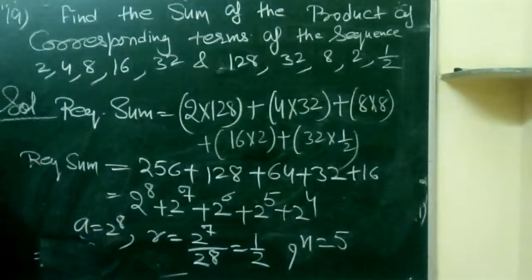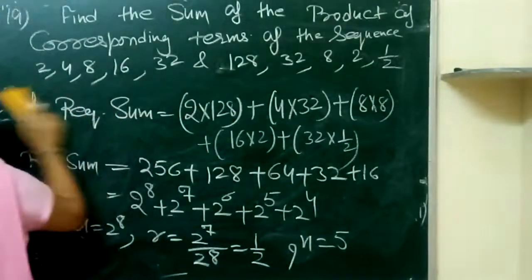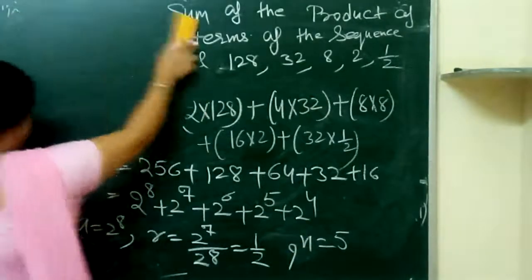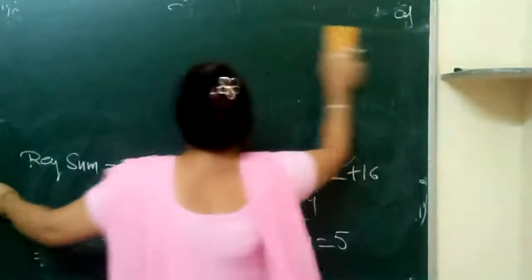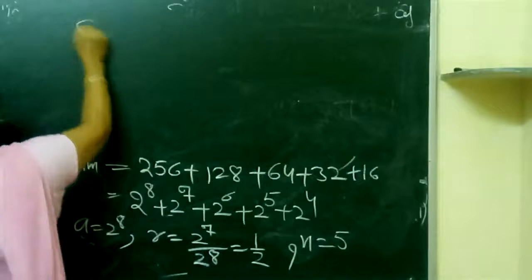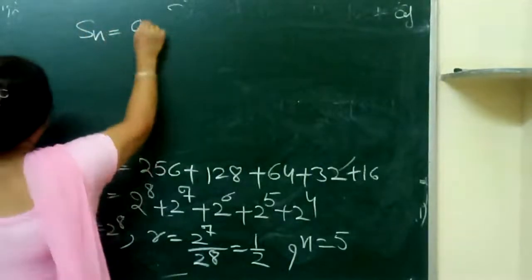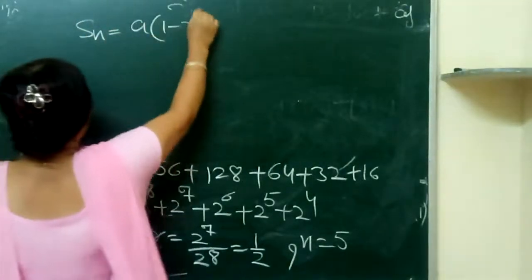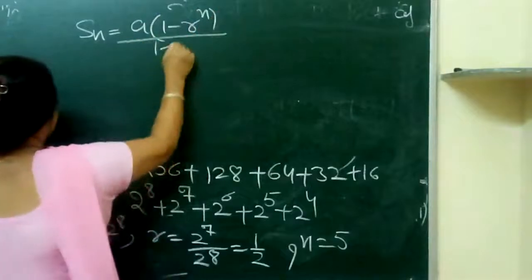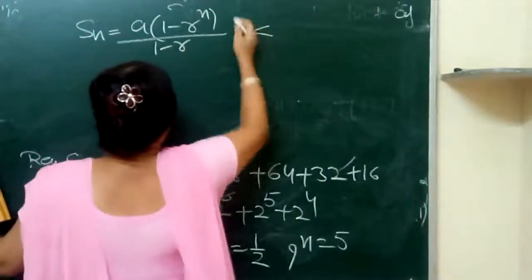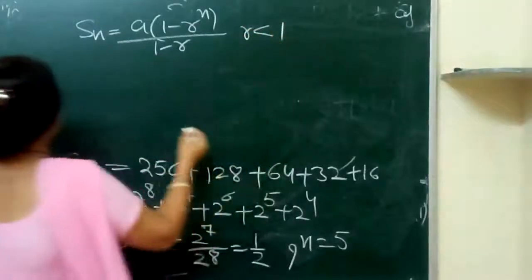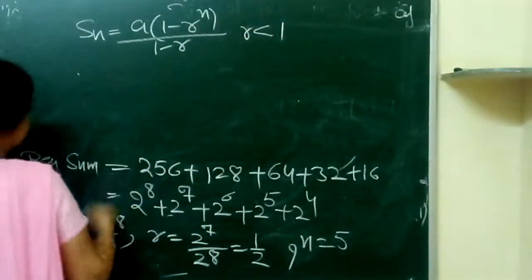After that we have to find out the sum. This is a GP, so we will apply the formula Sn equal to A into 1 minus R raised to power n upon 1 minus R, because here R is less than 1. So put the value.